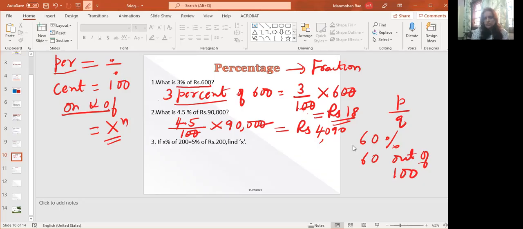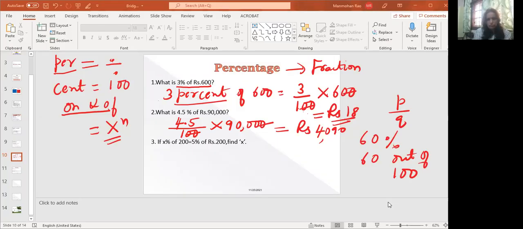X% of 200 is equal to 5% of 200. How much will X be? You also think simultaneously, then I also explain. Don't worry, I explain each and everything. And today we'll definitely have a question and answer session where you can ask your doubts and clear them.